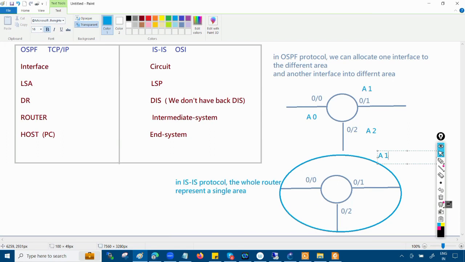Think about the scalability perspective. Can you form the neighborship in OSPF this way? Is it possible?